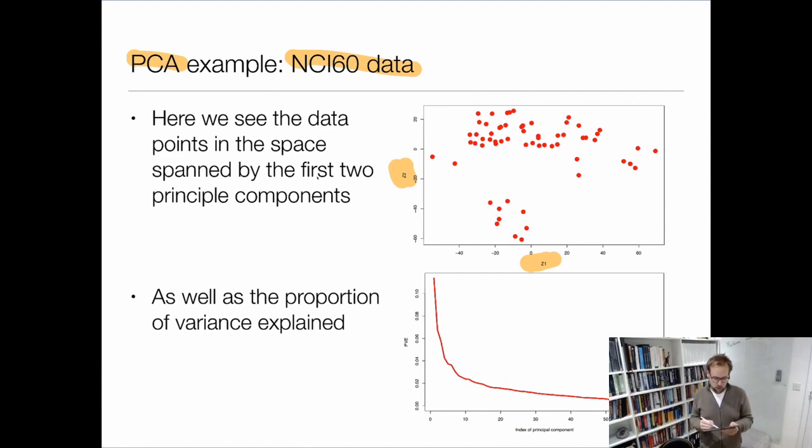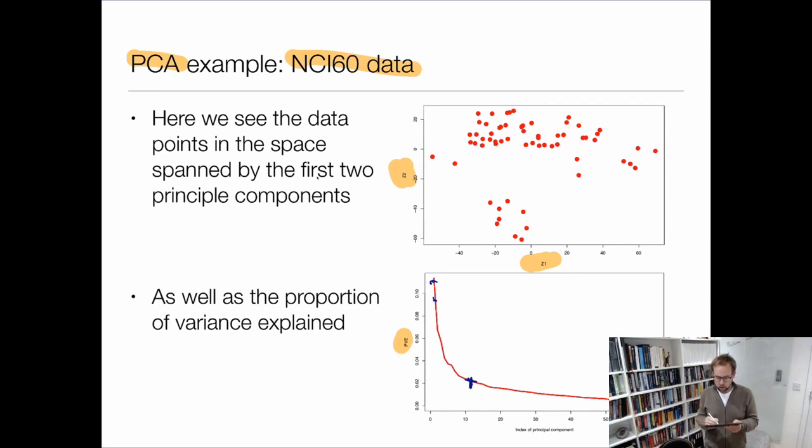So again, this is proportion of variance, and we can see that the first principal component and second principal component both explain around 10% of the variability of the data, so quite a lot. And then it keeps on decreasing, I would say after around 10, as we said before, we only see a marginal benefit here.